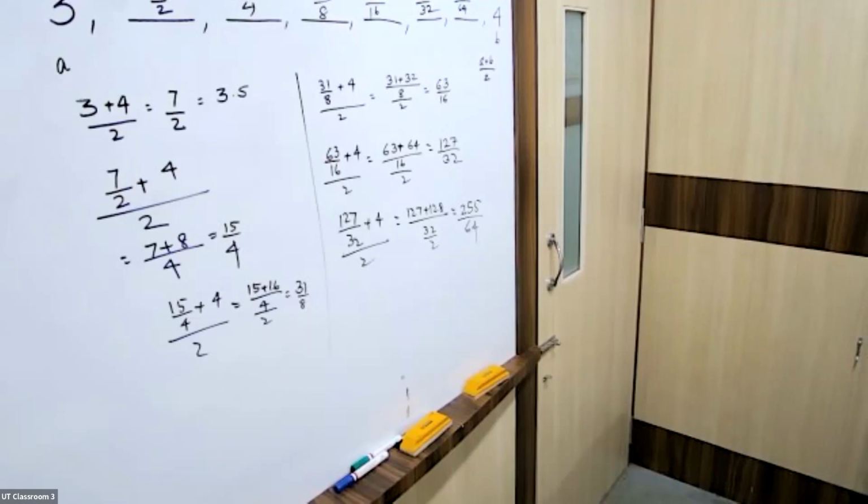Then from 0, this is my root 7. Because FG is 1 and CF is root 6, so now I have made the hypotenuse.